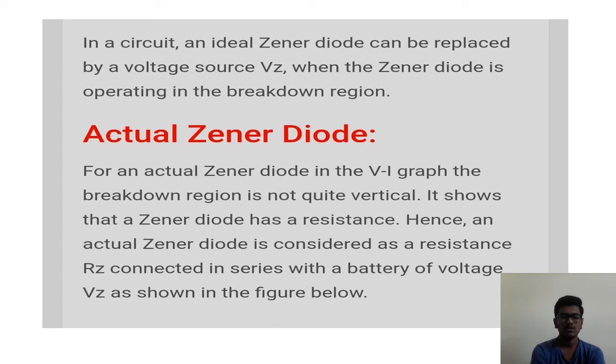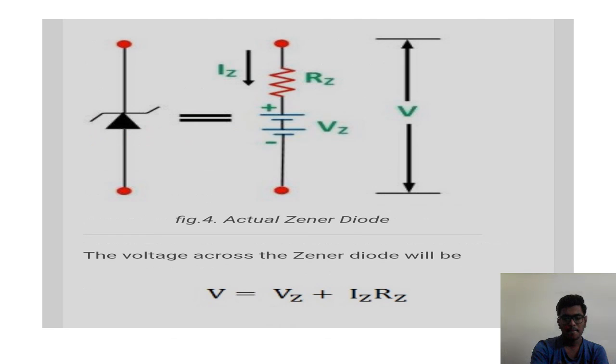Hence, an actual Zener diode is considered as a resistance Rz connected in series with a battery of voltage Vz as shown in the figure below. The voltage across the Zener diode will be V equal to Vz plus Iz times Rz. This is the figure of the actual Zener diode.